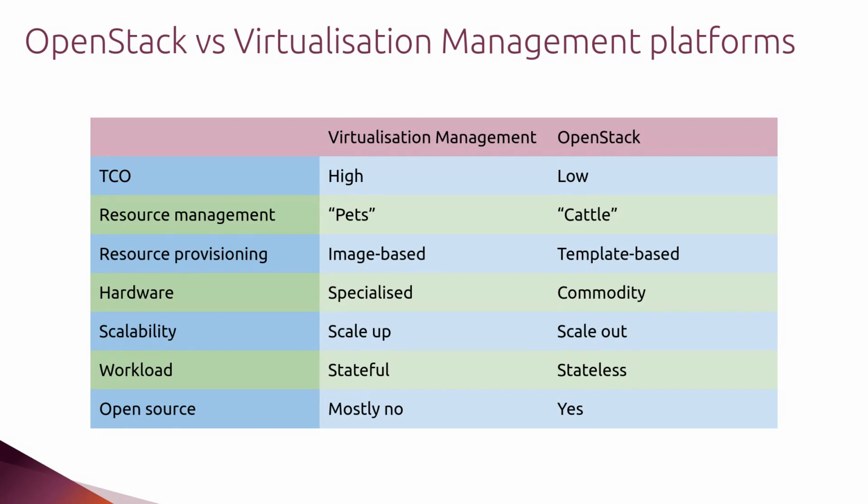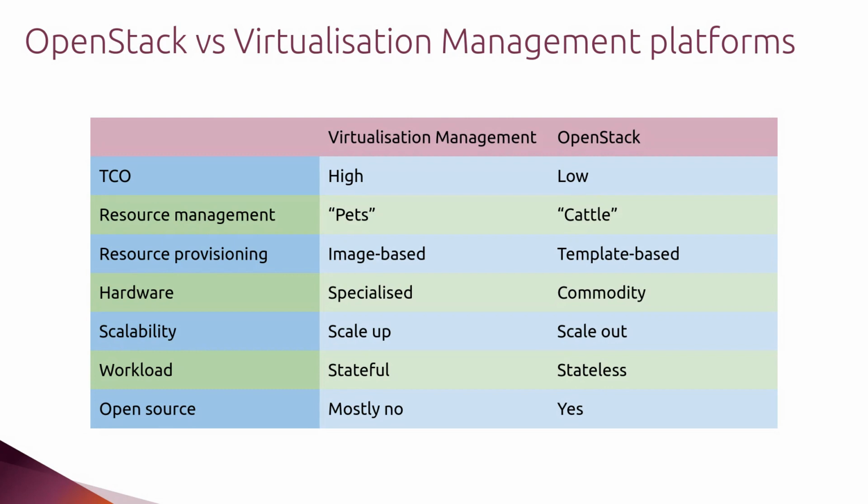The resource management is based on pets and cattle accordingly. In traditional platforms, VMs run in isolation, they're curated, they are maintained individually, while in OpenStack, VMs can be deployed and terminated constantly.